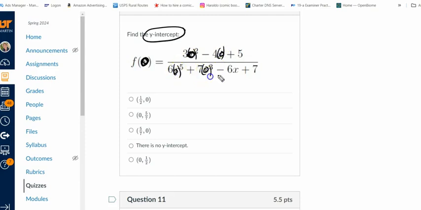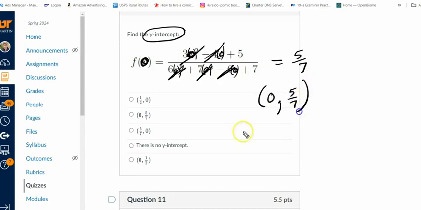So you can see every term with an x in it becomes 0. And so you're just left with the constant terms. So that's the y-intercept. Now, as a point, its coordinates are 0, 5/7. Okay, so that's the one that we want.